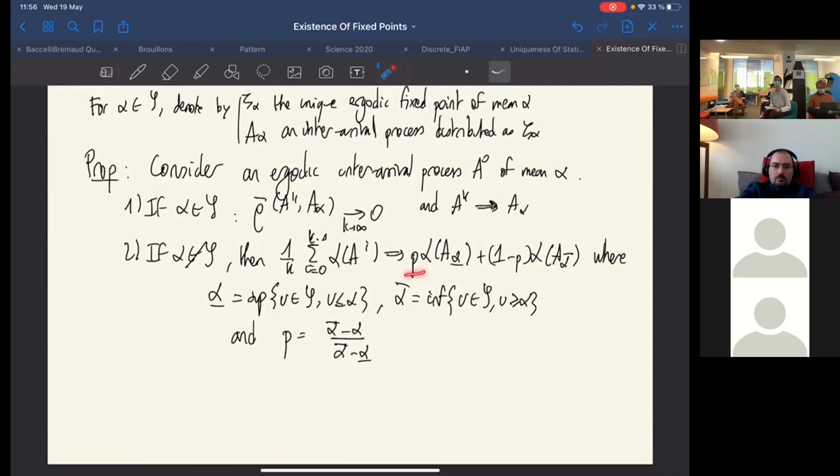And you even have an explicit value for the coefficient. So basically you have a result on the Cesaro means of the laws of the inter-arrival processes.